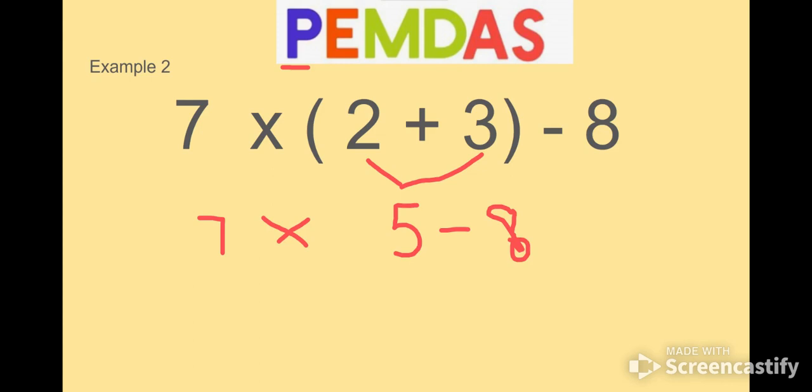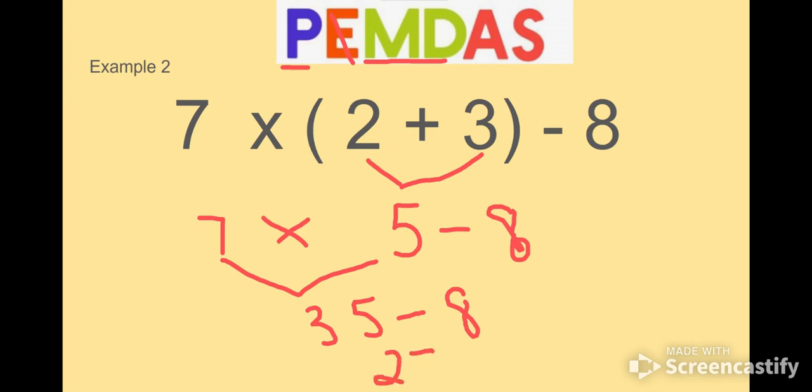Okay, so there's no exponents. Do we have multiplication or division? Yes, multiplication. So 7 times 5 is 35. Then I rewrite the problem. 35 minus 8. And now we do 35 minus 8, which is 27.